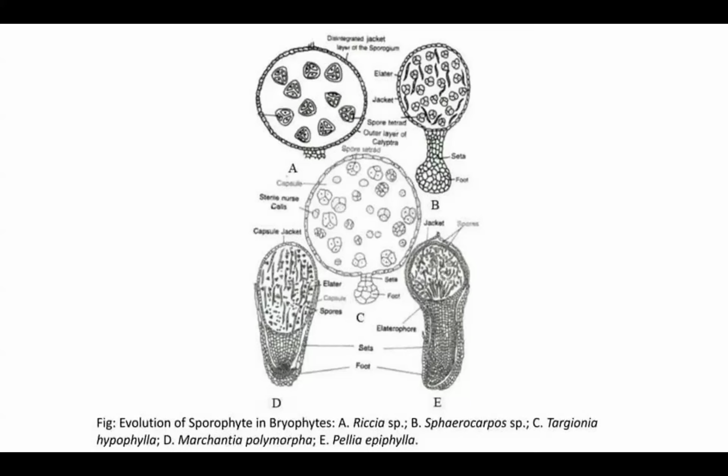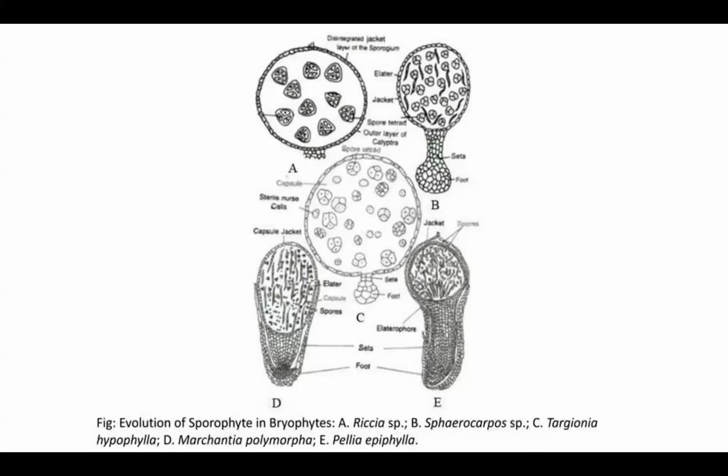Whereas in the E diagram, what you are seeing is Pellia, which is Pellia epiphylla species. Here the specialty of Pellia is, you can see a foot, an elongated seta, and a somewhat round capsule, and the complete sporophyte is surrounded by a protective calyptra-like wall. And the specialty of this capsule is that at the base of the capsule, inside, you will see sterile structures.